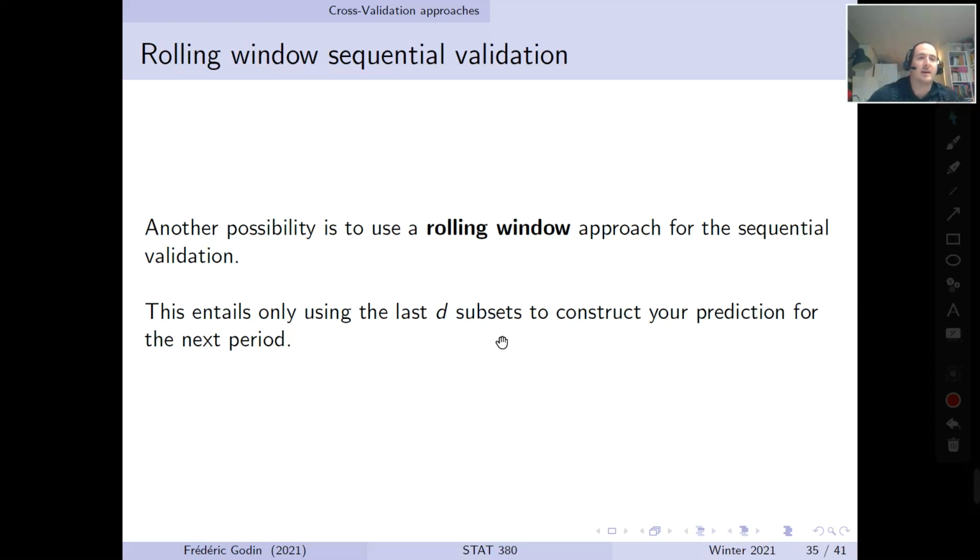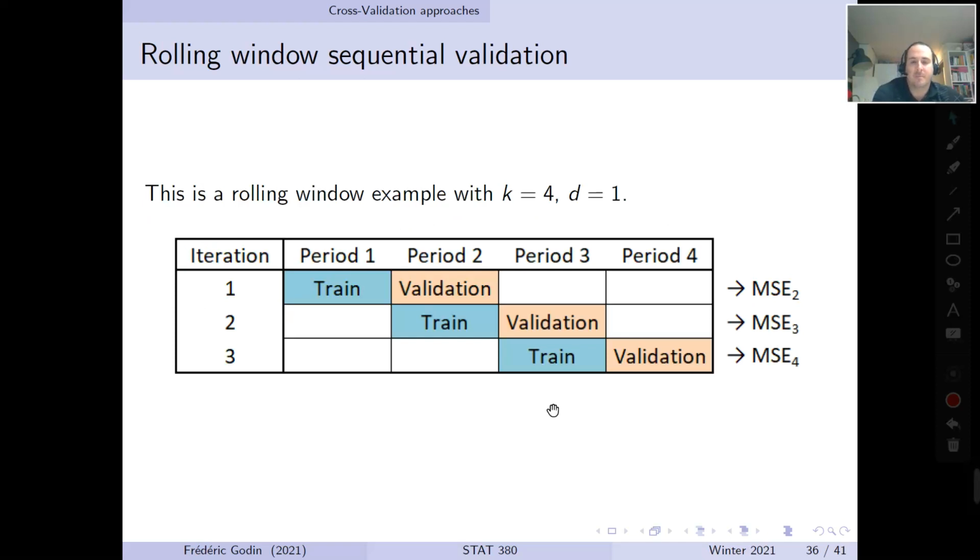Okay, so we can alter the sequential validation scheme to use only the last D subsets to construct your predictions for the next period. Let's repeat another example. This would be a rolling window sequential validation where we use, again, k equal to 4 subsets, but here let's use a rolling window of 1.